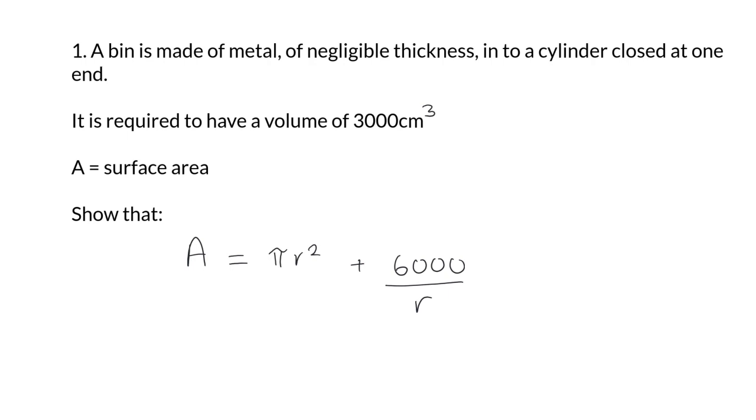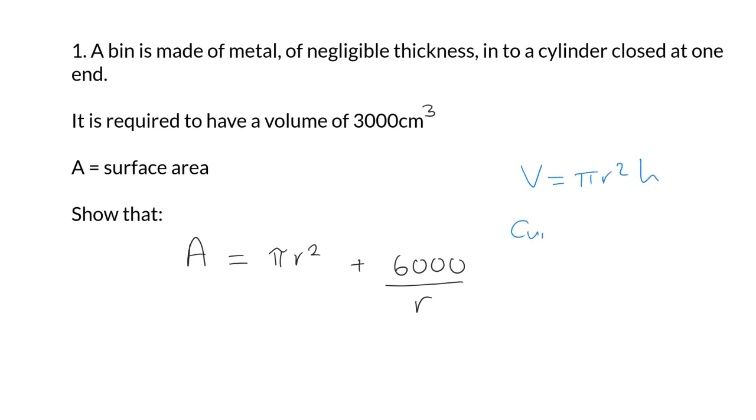Now, most of these questions will be something to do with volumes and areas of shapes. If it's anything more complicated than a cylinder, you'll be given the formulas, but you're expected to know your formulas for a cylinder. So this is back to GCSE. The volume is pi r squared h.